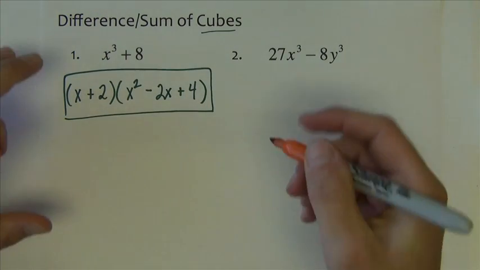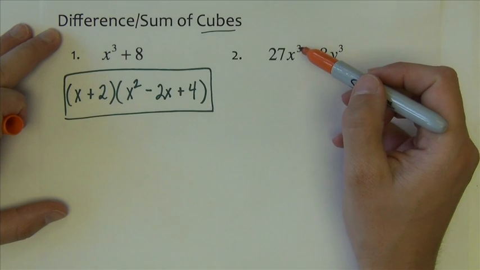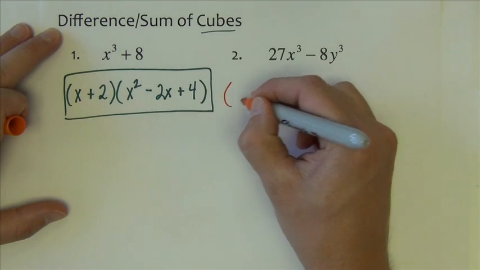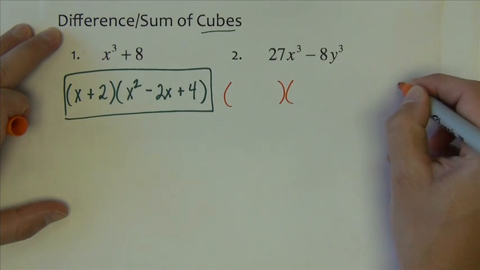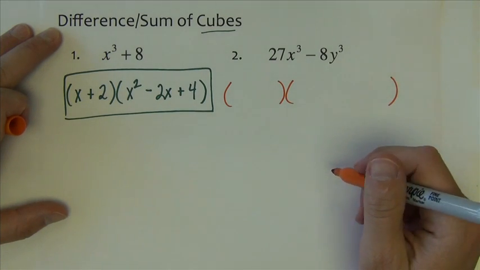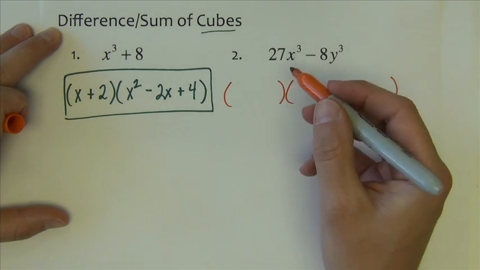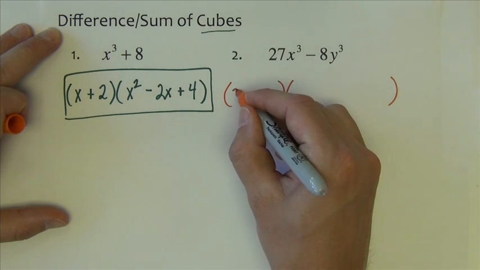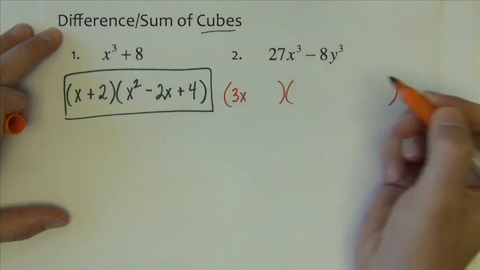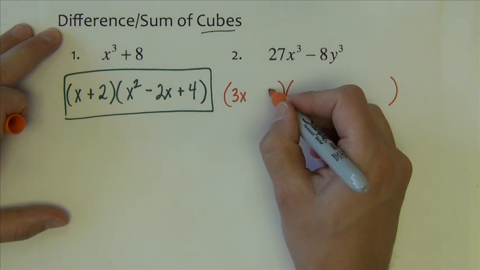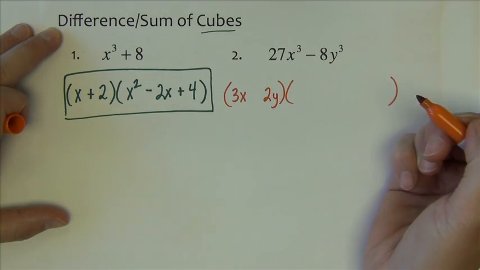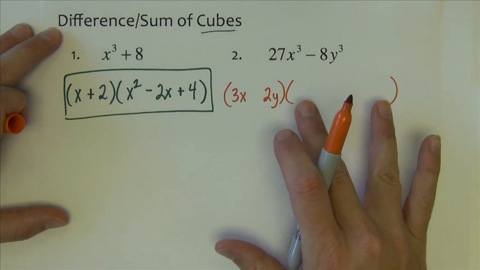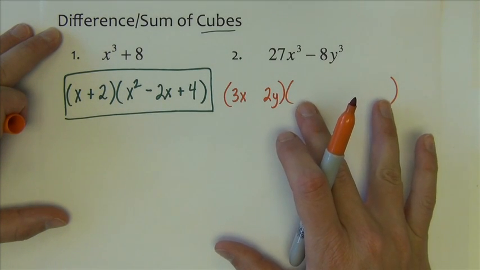Last example. Recognize that these are cubes, the variables are cubes, the numbers in front are perfect cubes. So I set up my binomial, trinomial. In the binomial, I want the cube root of each of these. 27's cube root is 3, x cubed is x. 8y cubed becomes 2y. Over in the trinomial, the ends of the trinomial I typically do first.